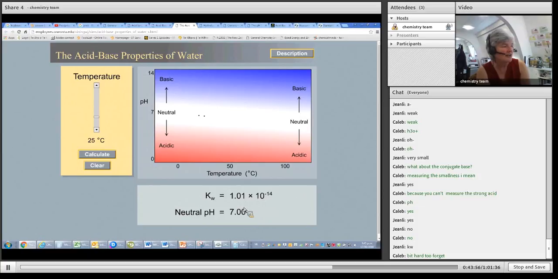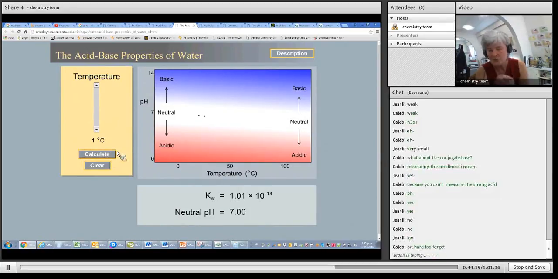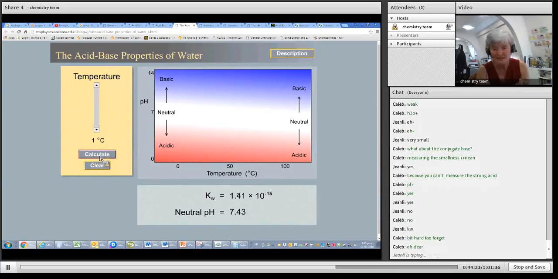So if you're thinking you're going off to Southland or the Antarctica or something like that, and you're going to go into that water, if I now calculate it, it's actually slightly basic. So the colder the water, the more basic it is.